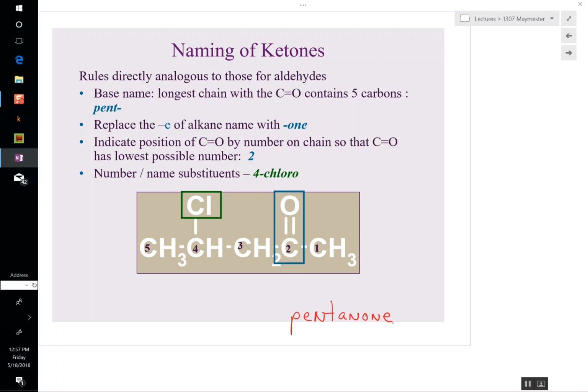All right, not a substituent. Why? Because we have actually included the carbon-oxygen double bond, which is what's driving the parent name. Pentanone. So it's going to be 2-pentanone. And it's 4-chloro 2-pentanone.